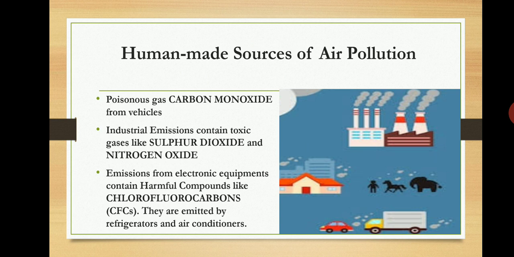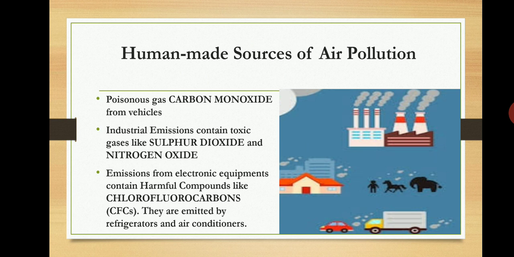Now this chlorofluorocarbon, because it is such a difficult word to use, is also called the CFC. So CFCs are emitted by refrigerators and air conditioners. So next time when you're standing next to your fridge in the kitchen or the air conditioners near your house, you will have to observe if you can feel it. It usually becomes warm when you use it.